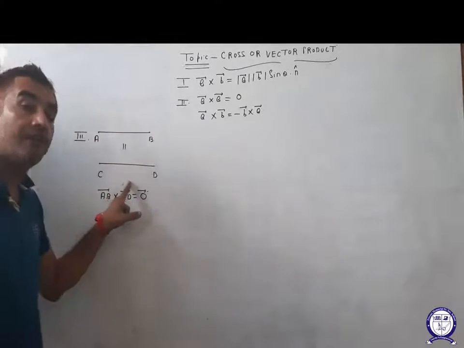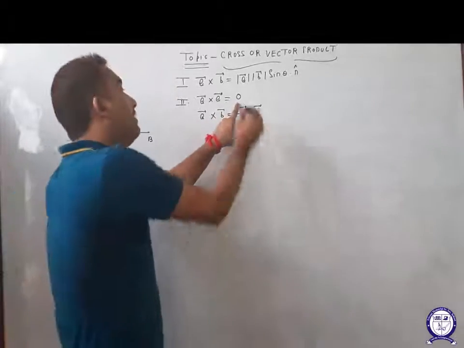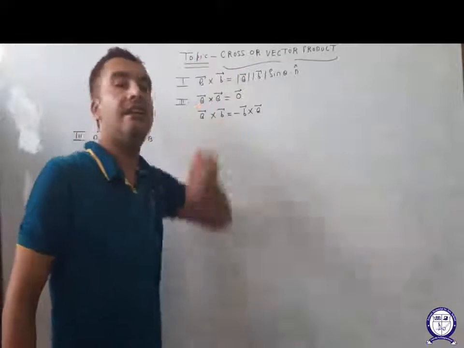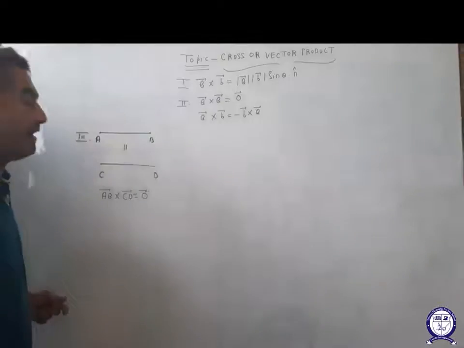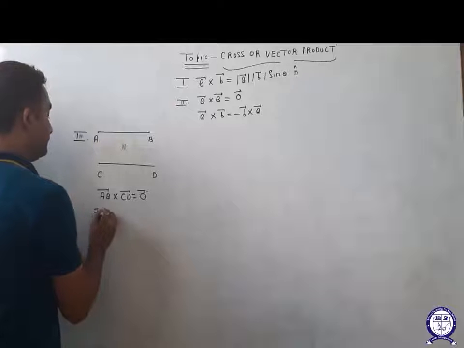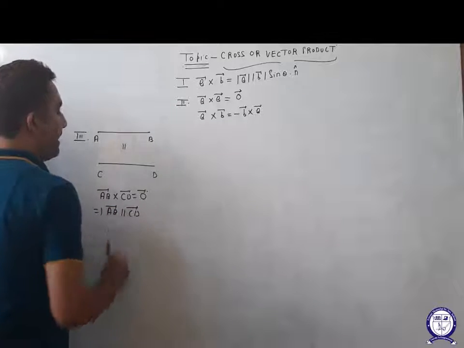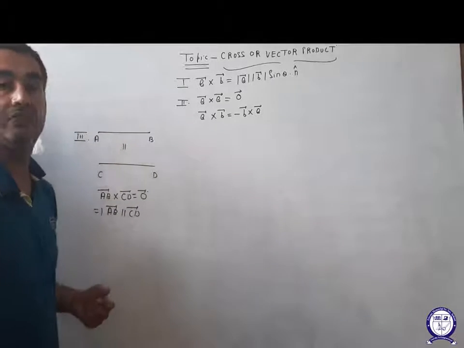I am saying 0 vector. Here you can see it is written as 0. It is wrong. It should be 0 vector. Reason being, cross is a vector product. Now, cross equal to 0 vector implies that both vectors are parallel. Or you can say if vectors are parallel, then their cross will be 0.